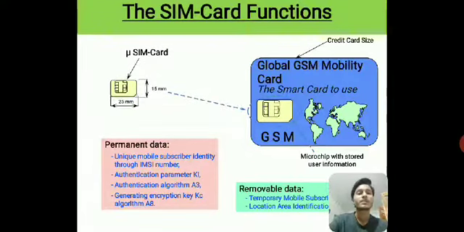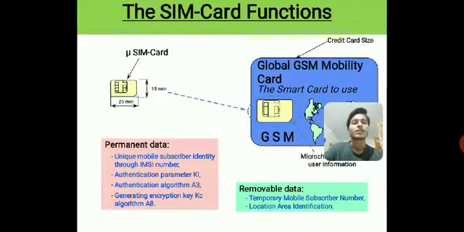This is the microchip with stored user information, removable data, temporary mobile subscriber number, location area identification, and permanent data: unique mobile subscriber identity through the IMSI number, authentication parameter KI, authentication algorithm A3, generating encryption key Kc, algorithm A8.